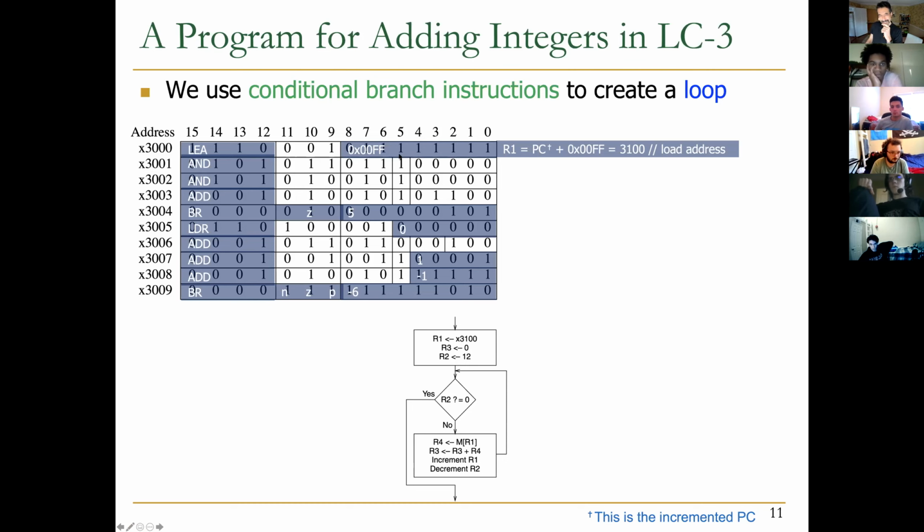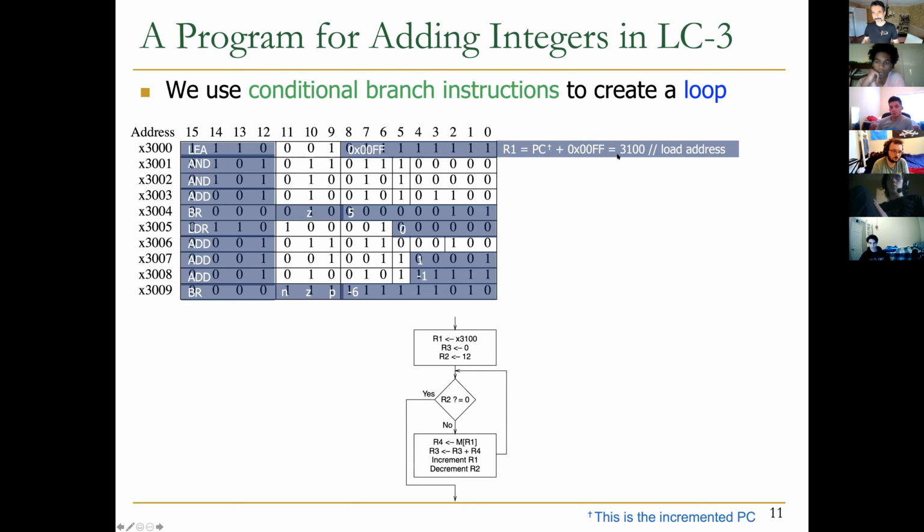So when you say that I need to load x3100 into R1, you know this is the semantics. The machine needs to calculate a number which, when added to PC plus 1, would result in this particular value.